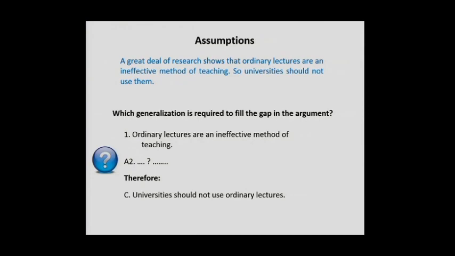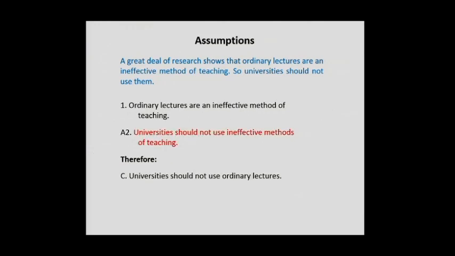But for here, what we need to really turn this into a complete argument is something that's going to link that first premise to the conclusion, right? So something about universities actually being supposed to use effective methods, or at least not to use ineffective ones, right? So that seems to be a general principle that is needed to fill in that gap. Yeah? Okay.